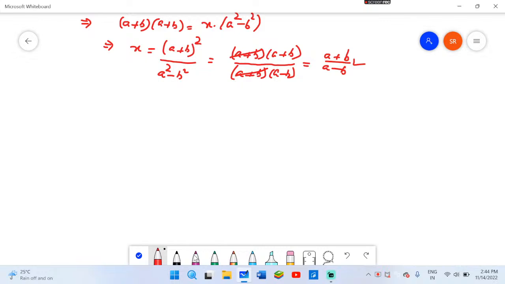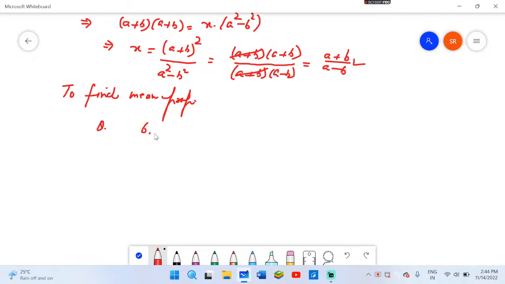Next subtopic is to find the mean proportional. We take the first question.